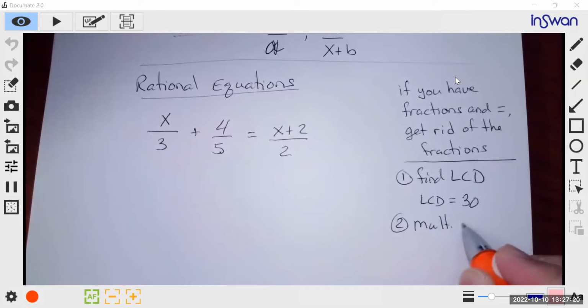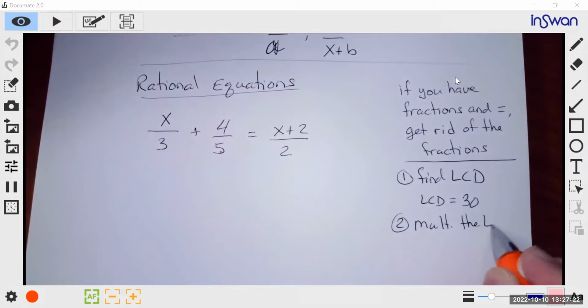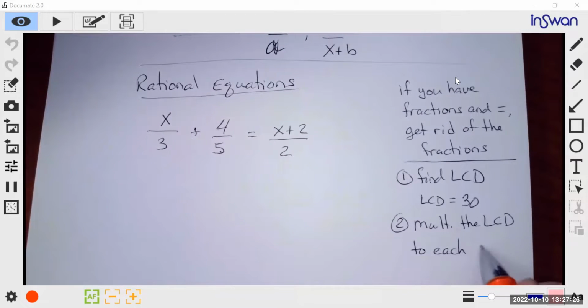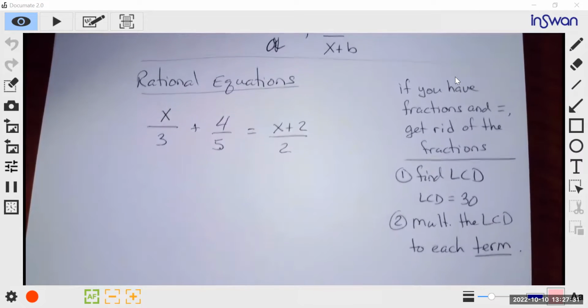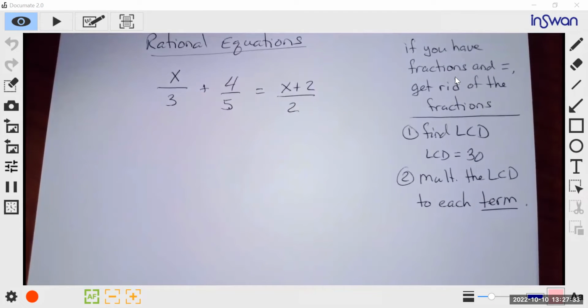Then multiply the LCD to each term. Remember what a term was. A term is anything separated by a plus, minus, or an equals.